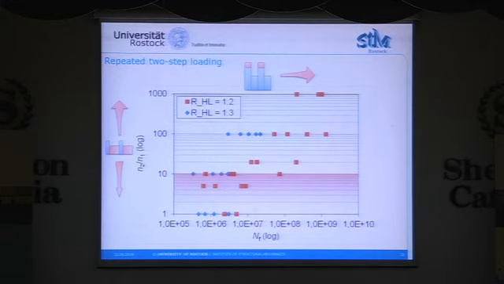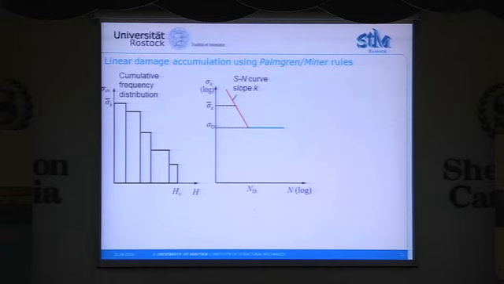So we use these results in order to assess this with the damage rules, with different primary and minor rules. First of all, the primary and minor rule in the original form, that means only the amplitudes above the fatigue strength are considered. Then the elementary type, where all amplitudes are taken into account.